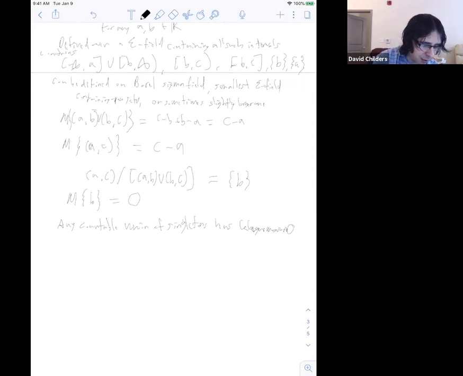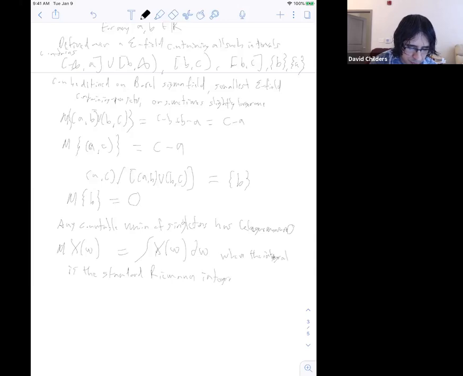And in fact, the measure of X of omega is equal to the integral of X of omega d omega, where the integral is the standard Riemann integral from your high school or undergraduate calculus classes. So let me draw a left Riemann integral.